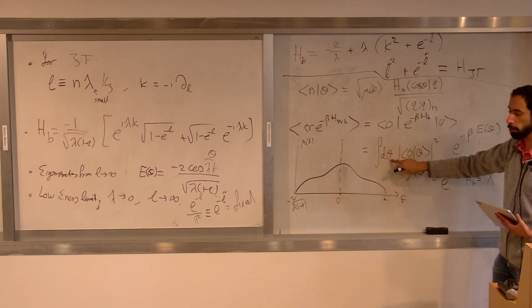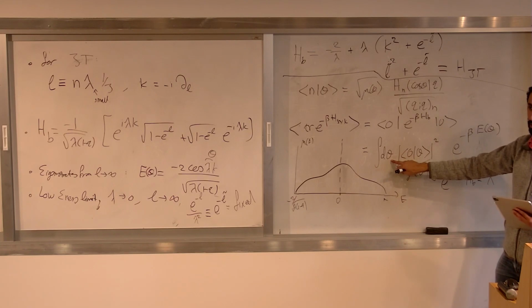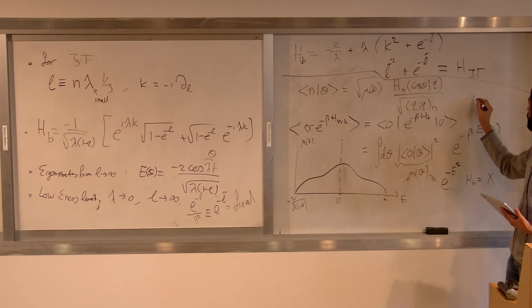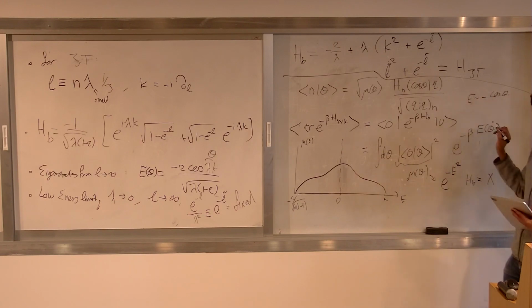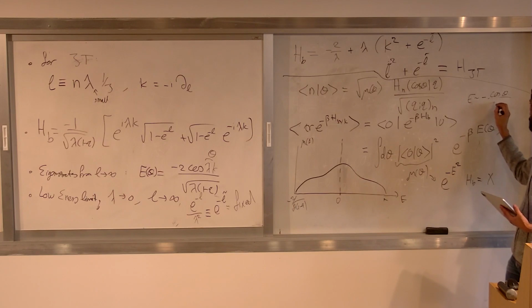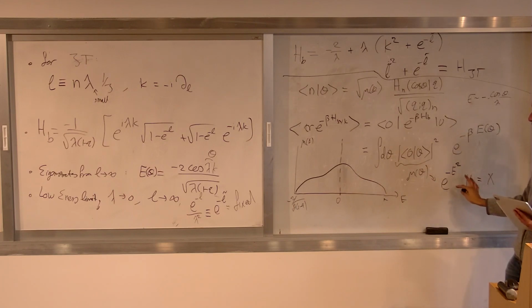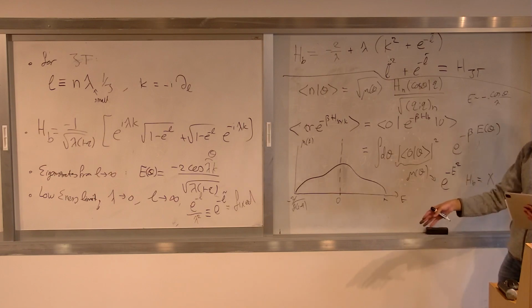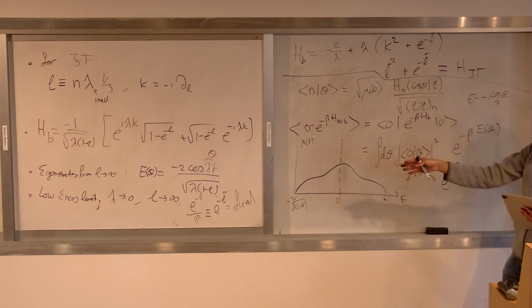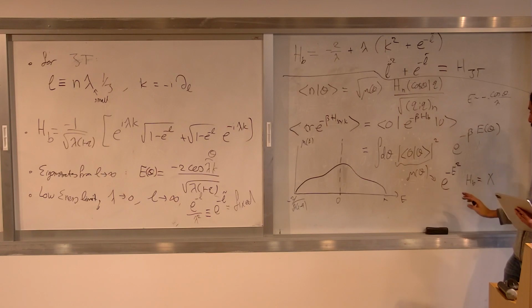Maybe I should put here d cosine theta, because energy goes as minus cosine theta. And it's important that it's normalized by 1 over lambda. In this regime, effectively you can take lambda to 0. So energy then goes from minus infinity to infinity, which is consistent with the fact that X has a spectrum which goes from minus infinity to infinity.